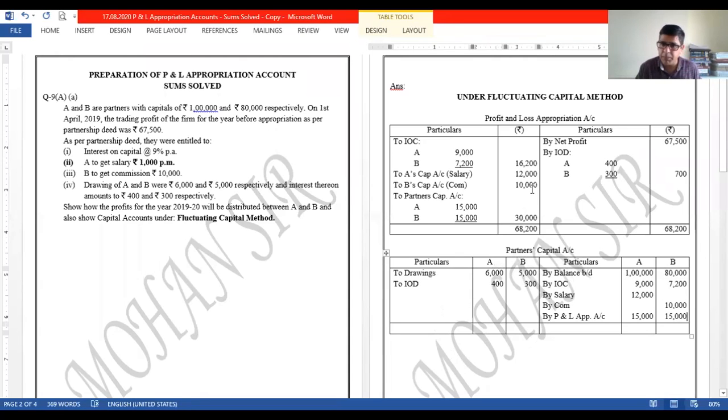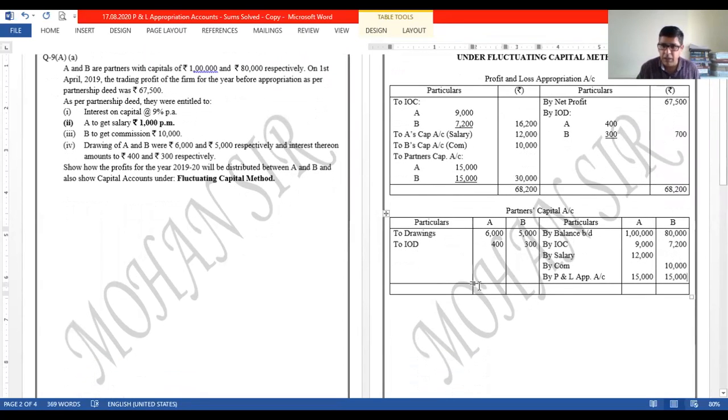So we are done with the P&L appropriation account, and we are done with partners' capital. Now this partners' capital also needs to be closed, because we are under the fluctuating capital method. Only one account was there, and everything has to come in the same account. That is what we have learned in the theory part. Let us complete this and get the difference now. Get me the total, please, for A. 1,36,000. Okay, 1,36,000 for B.